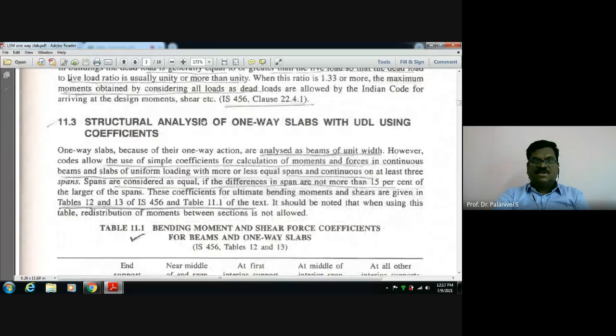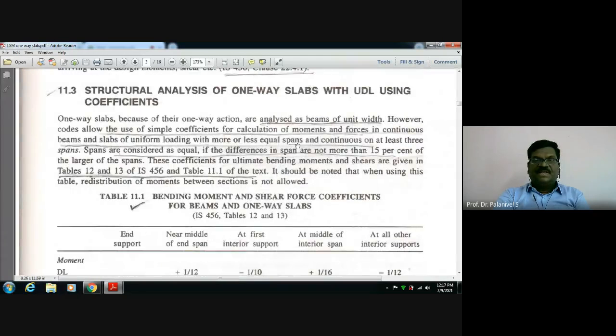Structural analysis of one-way slab with UDL using coefficients. One-way slabs, because of their one-way action, are analyzed as beams of unit width. If you want to analyze a one-way slab, you have to consider a 1 meter wide strip of the slab and treat it as a beam of unit width.